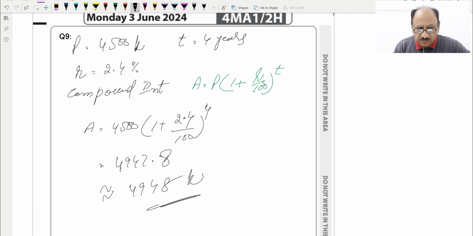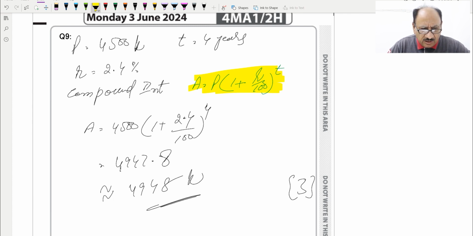And how many marks is this? I will tell you, this is 3 marks basically. It's very simple. You just need to apply the compound interest formula, which you need to memorize, and that's all. Then the rest is just calculator usage.